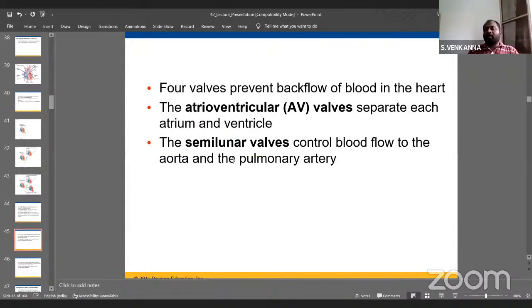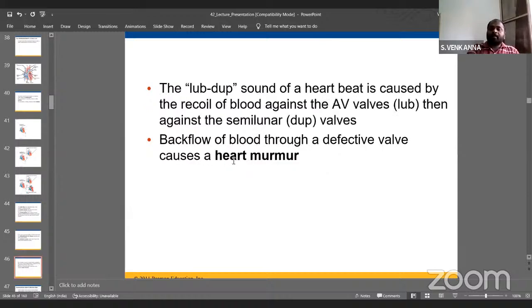The four valves prevent backflow of blood in the heart. The atrioventricular (AV) valves separate each atrium and ventricle. The semilunar valves control the blood flow into the aorta and pulmonary artery.